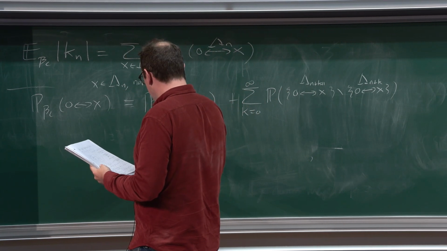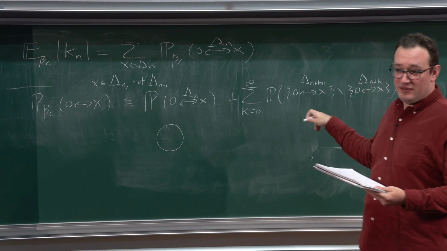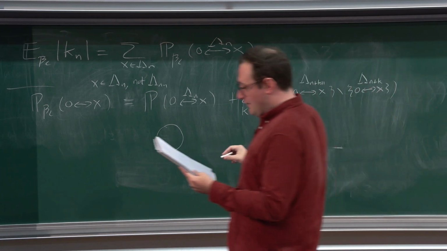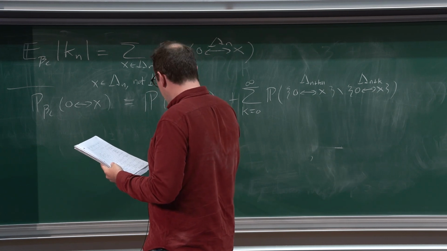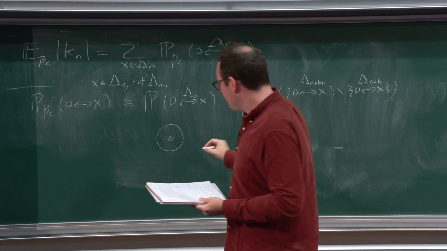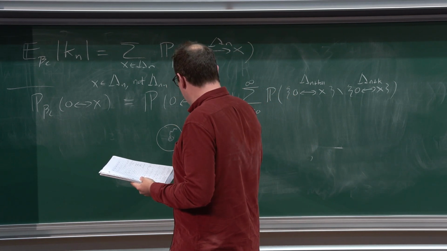So what's the idea? Well, I need to bound this probability that I become connected for the first time at some scale. And how does that work? Well, you have the origin and X in this small scale lambda n, and the path has to look something like this.